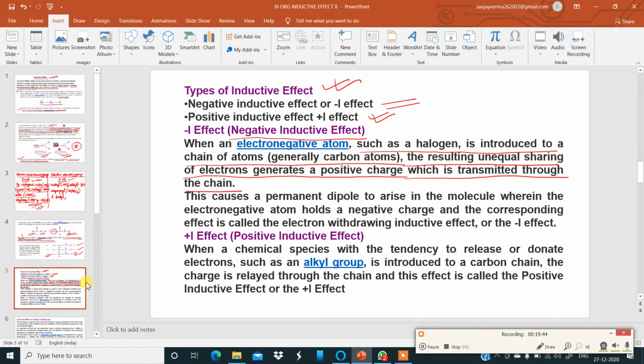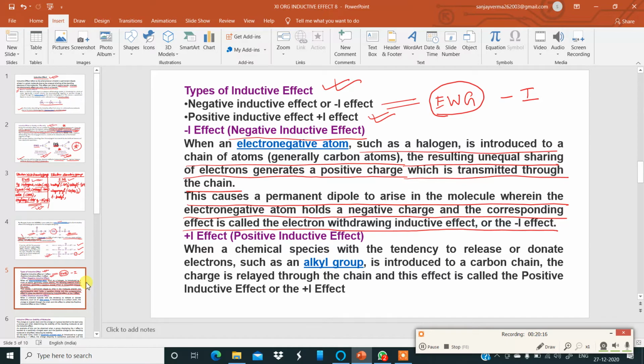This causes a permanent dipole to arise in the molecule wherein the electronegative atom holds a negative charge, and the corresponding effect is called the electron withdrawing inductive effect or the minus I effect. So whenever there is minus I effect, think about the electron withdrawing group. The presence of an electron withdrawing group causes minus I effect.